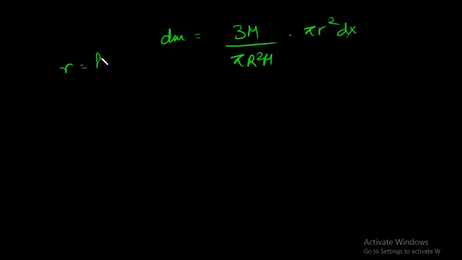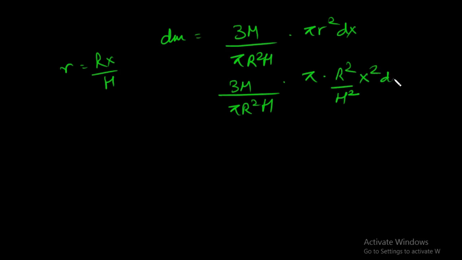And r was Rx by h, so we just substitute the value of r over here. We have 3m over pi R square h times pi R square by h square times x square dx. This is the elemental mass.